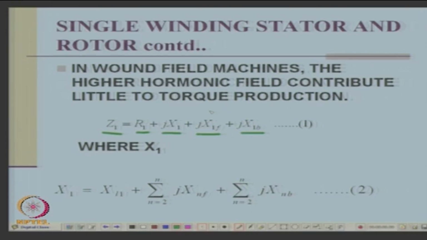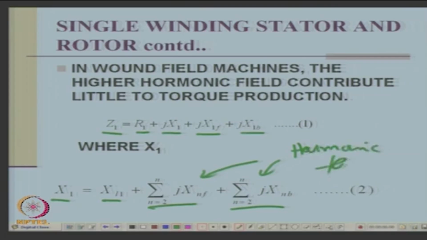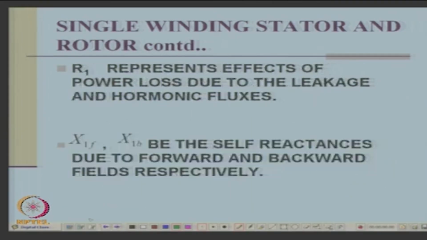You have the fundamental forward field and fundamental backward field which will induce voltage in them. So, this X1 is its own basic leakage plus harmonic fluxes, because in the air gap, whenever there are harmonic fields, they also produce some fluxes. So, they get combined.